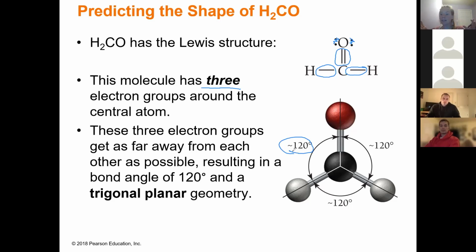Think of a pizza cut into three big slices. This geometry is known as trigonal planar. Trigonal, tri because it's three, planar because it's all happening on one plane or one sheet. In this molecule, none of these are coming forward towards you or going back into the screen. They're all on the same plane. So anytime you have three electron groups, we're going to have a trigonal planar geometry.